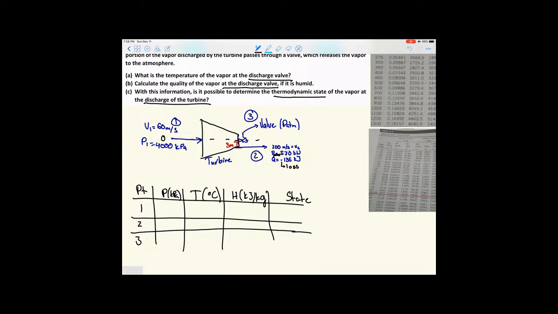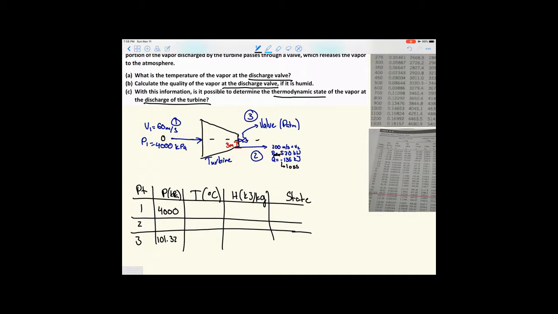We already know the pressure that occurs at some of these points. Initially, we have 4,000 kilopascals, and at the valve, or point 3, we have atmospheric pressure, which is 1 atmosphere, or 101.325 kilopascals.